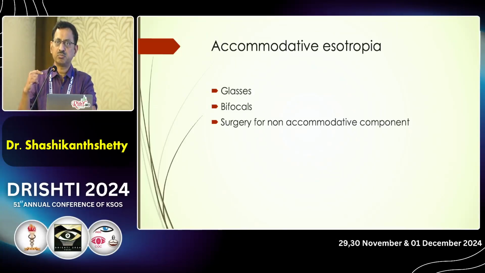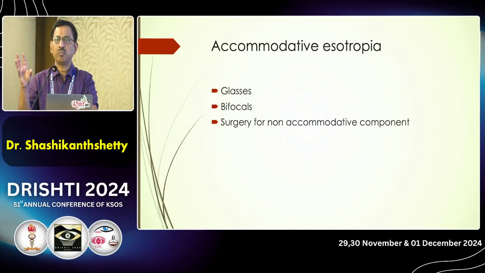If the esotropia is persisting for near with a high AC/A ratio, then you need to give them bifocal glasses. You either give them executive bifocals or D-shaped bifocals with the upper margin of the bifocal bisecting the pupil. And if the esotropia is very significant, the AC/A ratio is low, and they are not responding to bifocals, then we need to do a surgical correction for the esotropia.